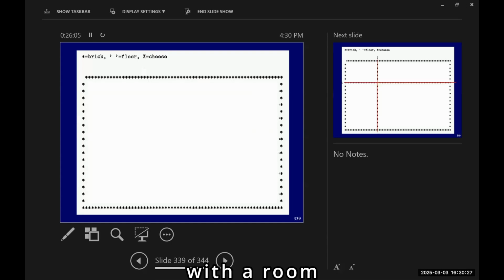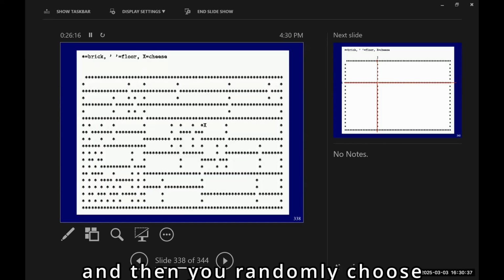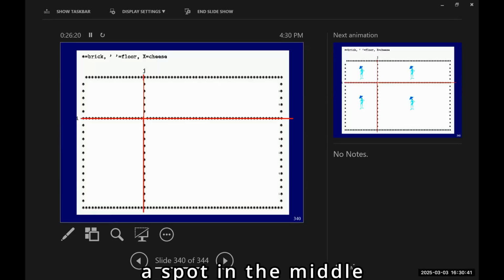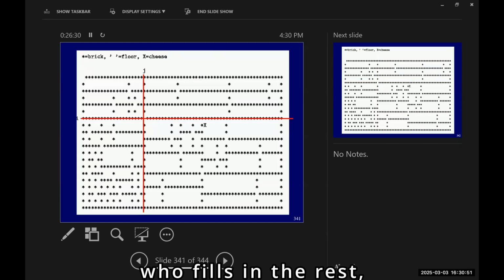So you start with a room, and then you might see up here is a little door, and then you randomly choose a spot in the middle and fill in walls, and then you have friends in each one who fills in the rest, right? So that gave you a maze.